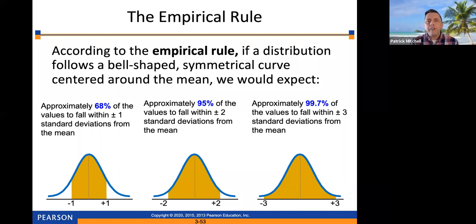So as long as your distribution is a bell-shaped symmetrical curve centered around the mean, we expect about 68% of the values to fall within 1 standard deviation of the mean. So z-scores between -1 and 1. For this kind of distribution, we would expect to see about 68% of the values in here.